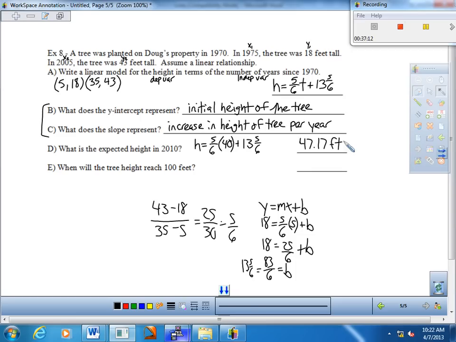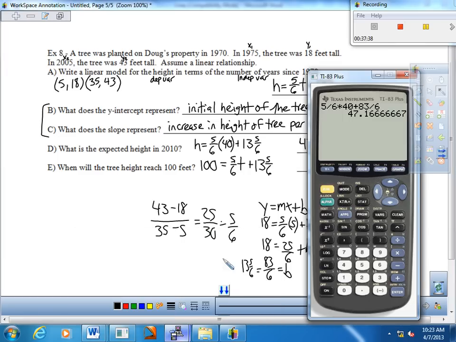Great. And last but not least, when will the height reach 100? In this case, I give you the value of the dependent variable. You give me the t value, the independent variable. Let's let the calculator do the work on it. Here's what I have. Let's take that 100, subtract the 83/6, and then divide by 5/6.